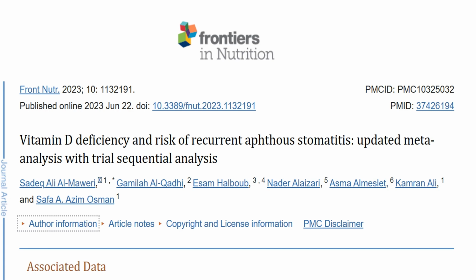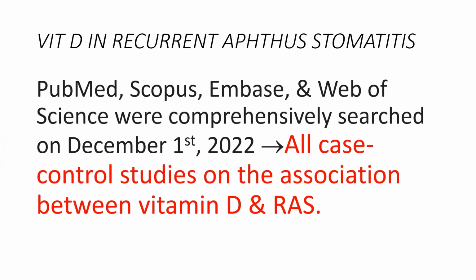Here's a study that was published in Frontiers in Nutrition, June 2023. Its title is Vitamin D Deficiency and the Risk of Recurrent Aphthous Stomatitis: Updated Meta-Analysis with Trial Sequential Analysis. In this study, PubMed, Scopus, Embase, and Web of Science were comprehensively searched on December 1st, 2022 to extract all relevant studies.